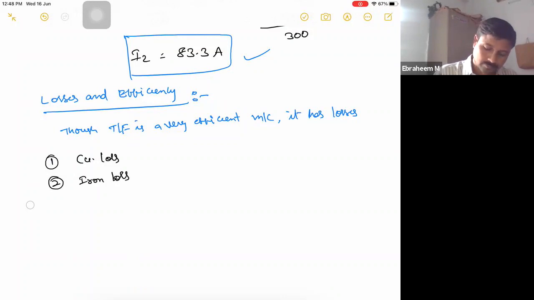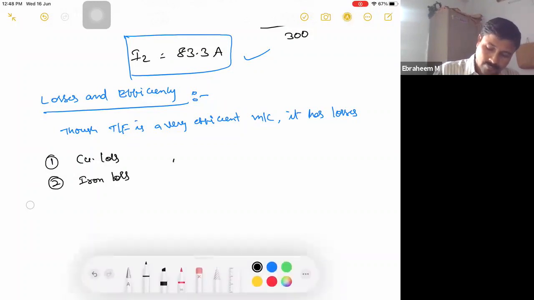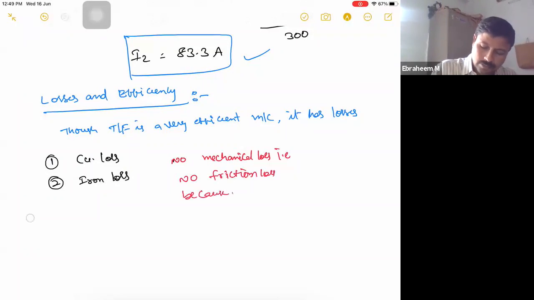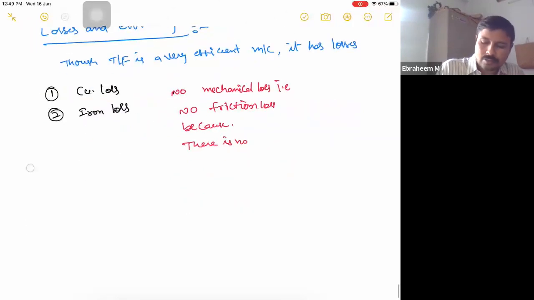There is no mechanical loss, that means no friction loss, because there is no rotating part in a transformer.